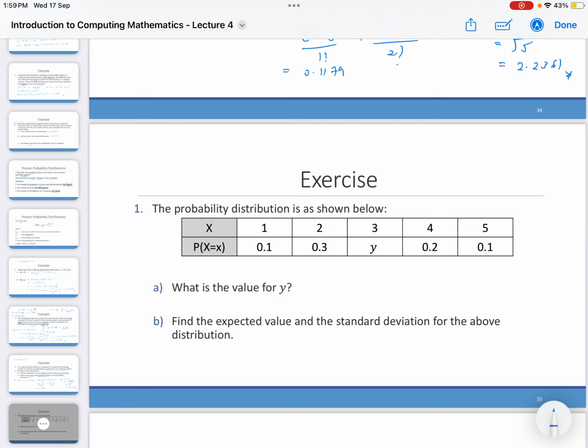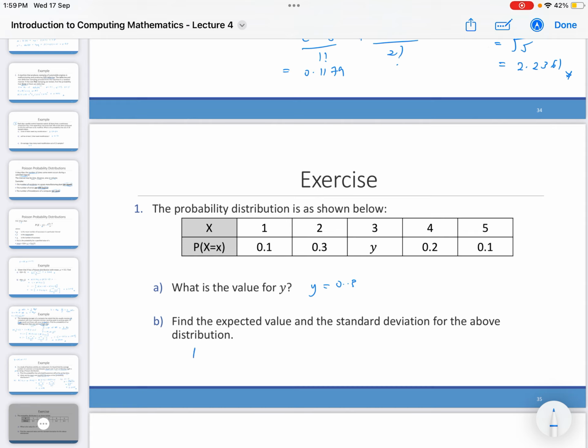Okay, basically, right now you are left with the exercise. For exercise 1, I want you to try this yourselves. This is a discrete probability distribution. For A, what is the value of y? I just give the final answer: y equals 0.3. For B, find the expected value and the standard deviation for the above distribution.